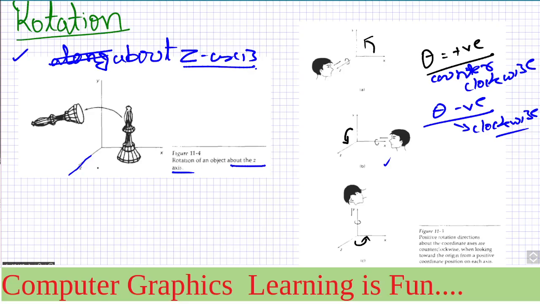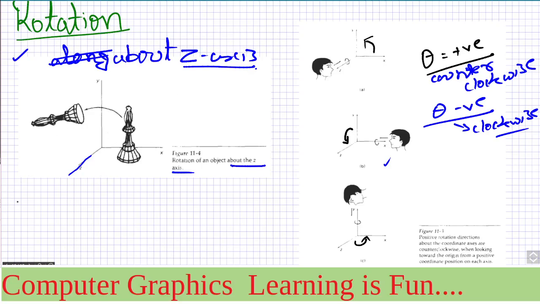However, now we will have three different matrices: one for rotation about z axis, one for rotation about x axis, and one for rotation about y axis. So let us first discuss the rotation about z axis.